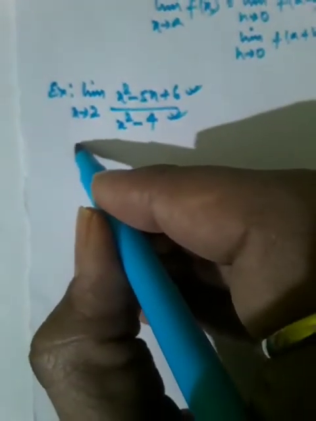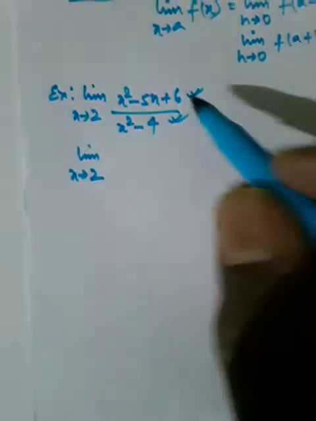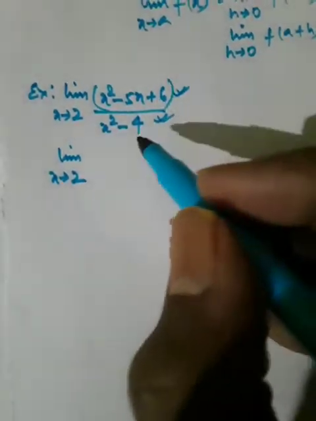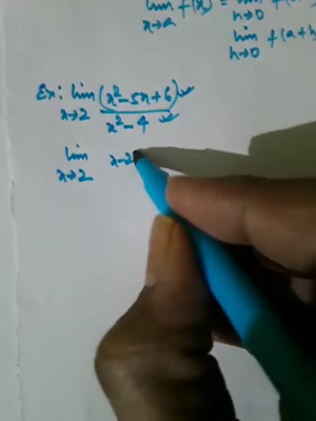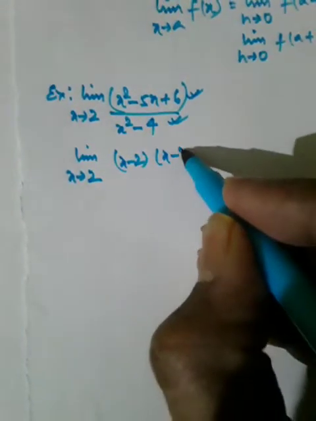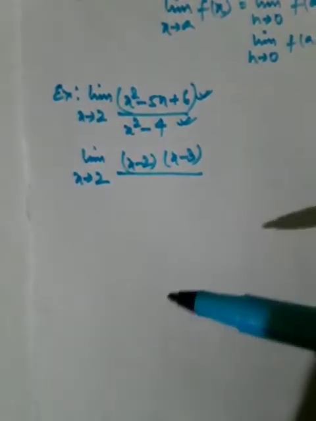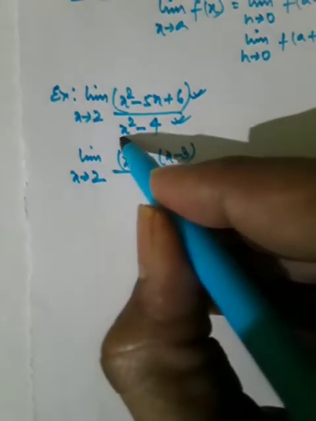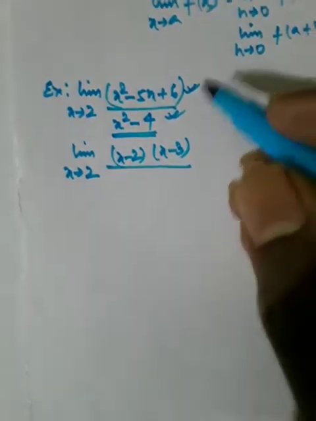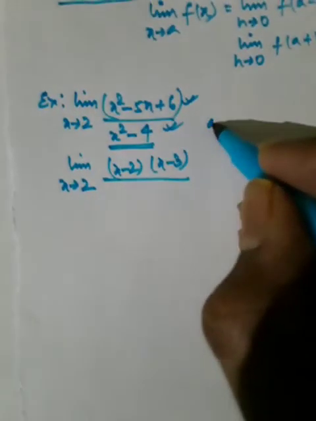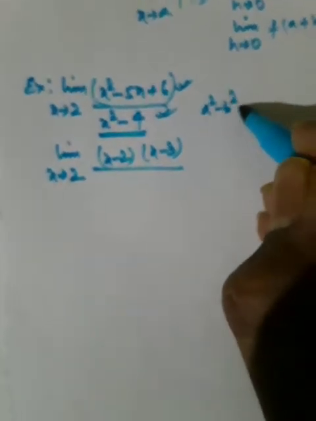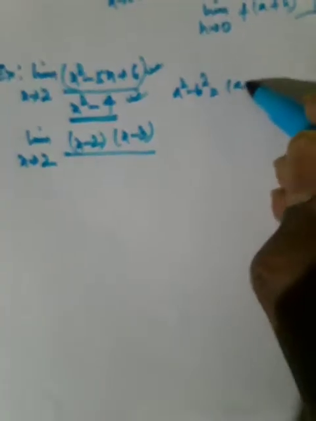So we can write limit x tends to 2. If you factorize x square minus 5x plus 6, we get (x minus 2) and (x minus 3). Now x square minus 4 is in the form of a square minus b square, and we know it is (a plus b) into (a minus b).